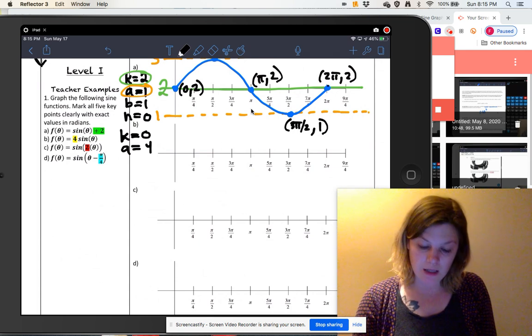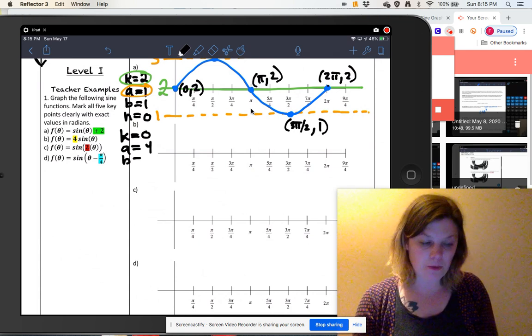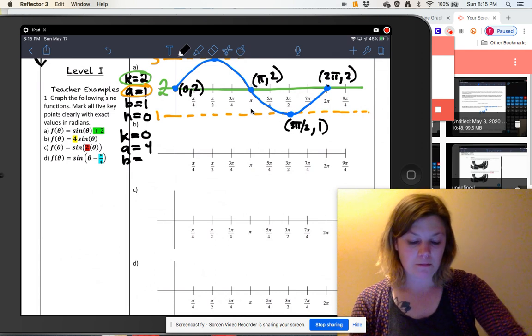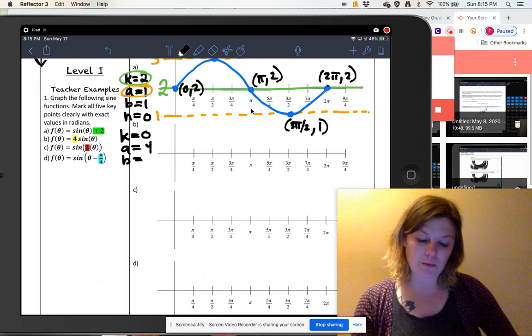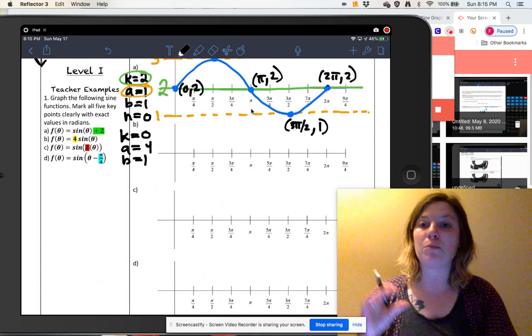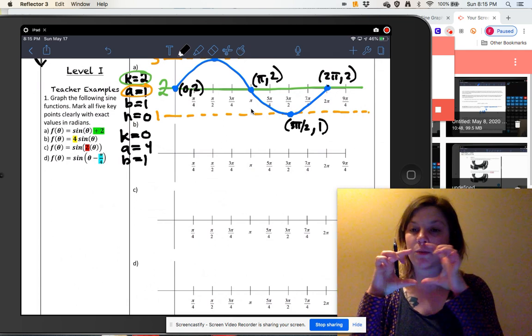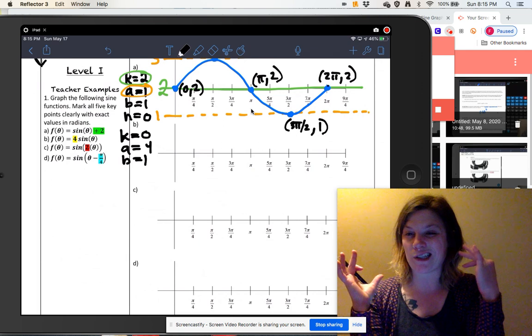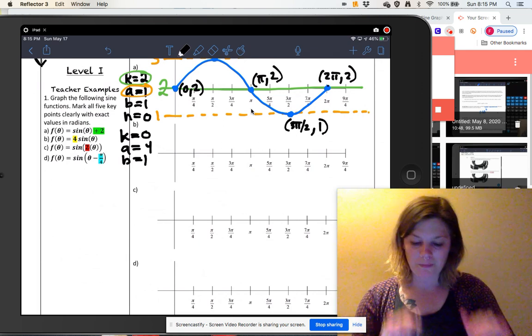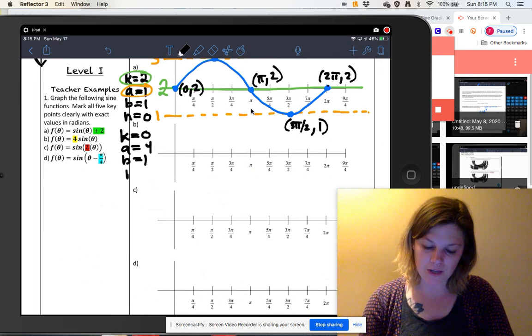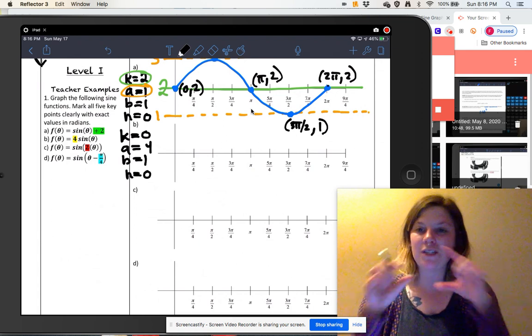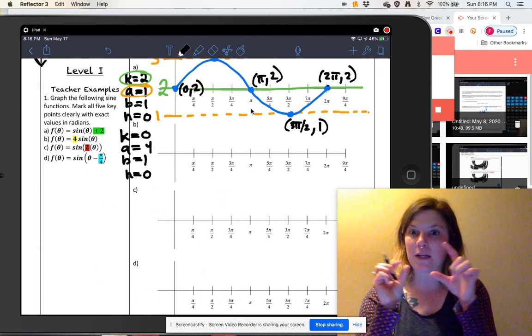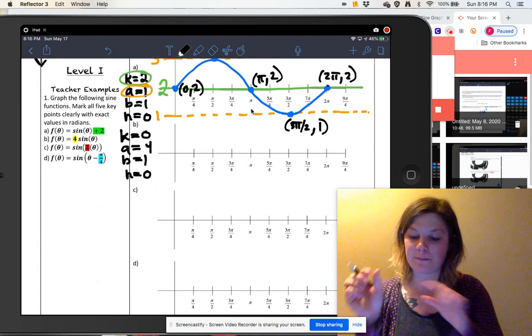And then my B value, sorry, my phone went off. My B value is going to be 1 because there's nothing multiplying the theta. And so if there's nothing multiplying the theta, then your B value is just 1 because it's a secret multiplication of 1. And then our H value is going to be 0 because there's nothing inside of the parentheses being added or subtracted from the theta.